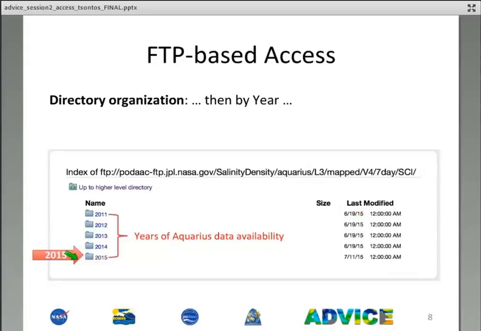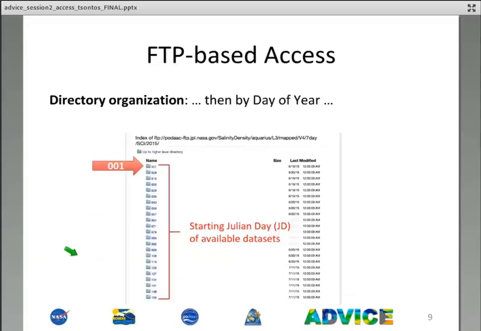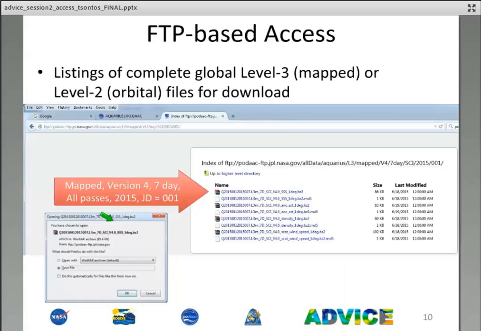The next level down is then the time period, so the year, and then within that, the day-year directory for that data set. Okay. So once you finally drill down to the precise directory that you're interested in with the data that it contains, you then see a listing, and you have basically the various granules.